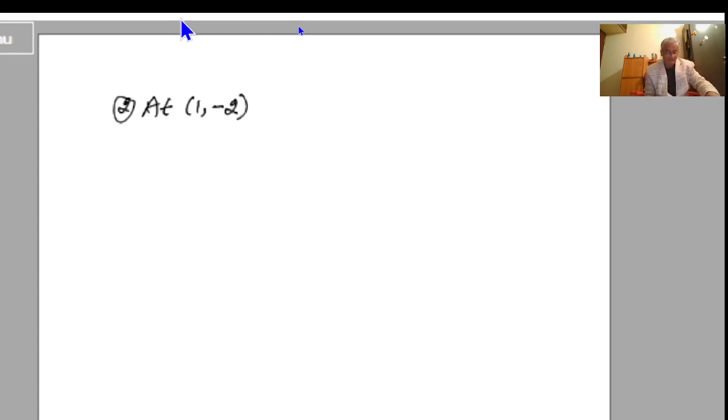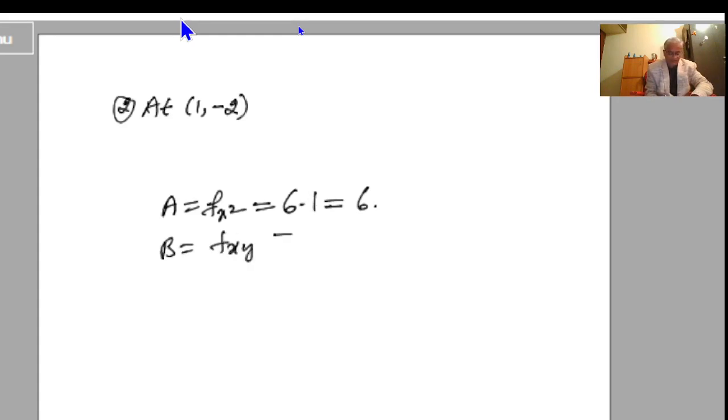Fx square is equal to 6x. So here A is nothing but fx square, which is 6 into x. X equal to 1, so this is 6. And B is our fxy, which we have got equal to 0.